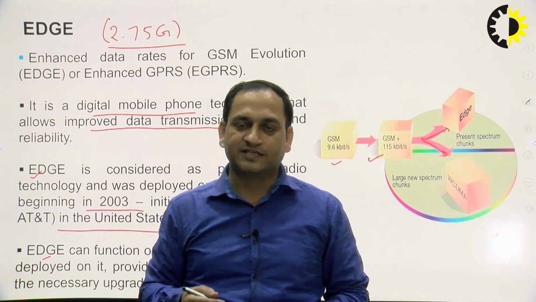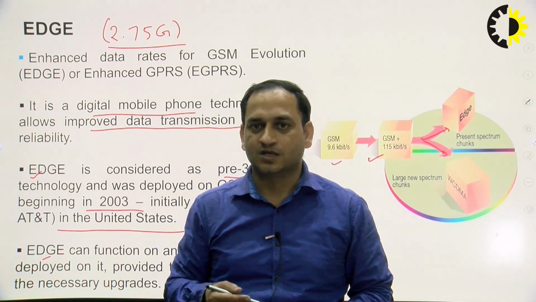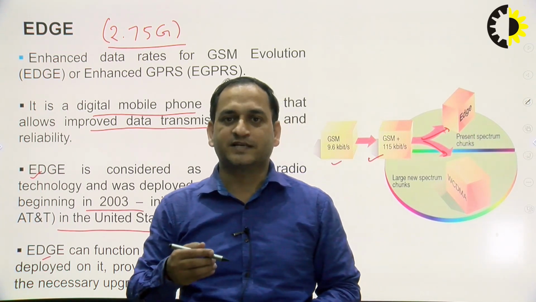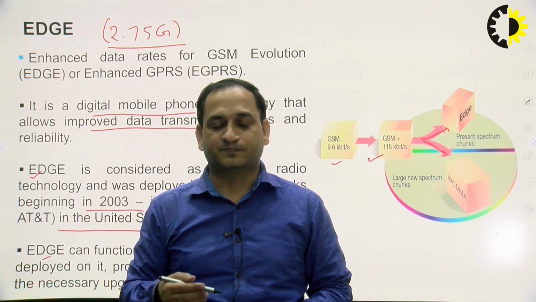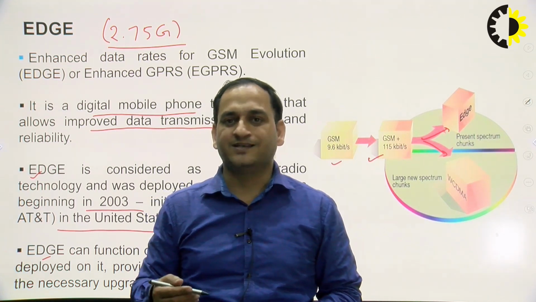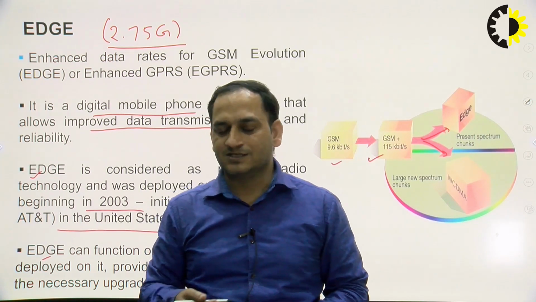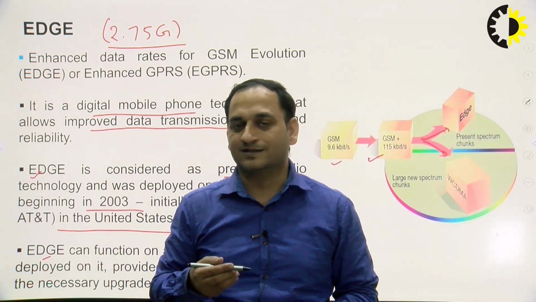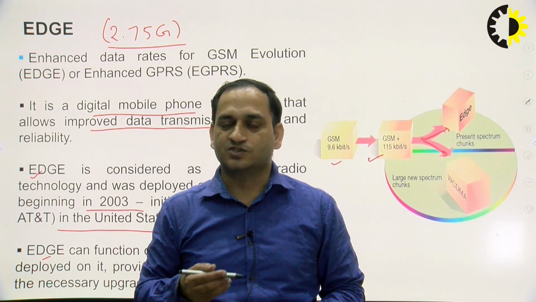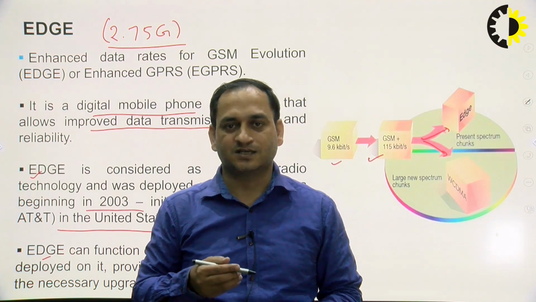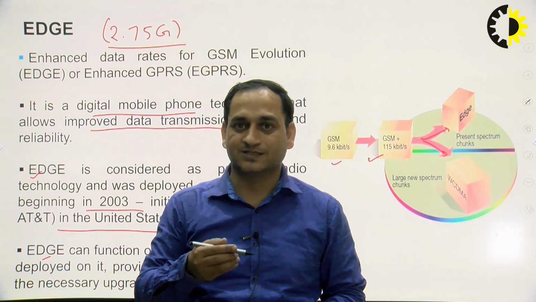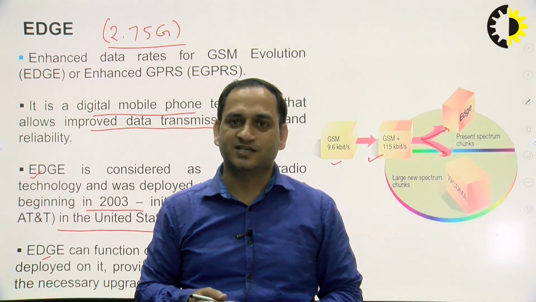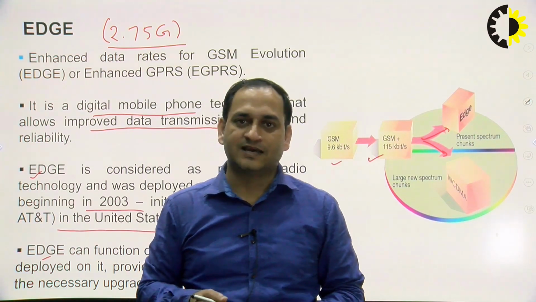This EDGE network is also used where a packet switched network is there, just like for internet connections. So in this EDGE network, internet connections were there. The packet switching technique was inculcated into the GSM and GPRS, that is the EDGE network.